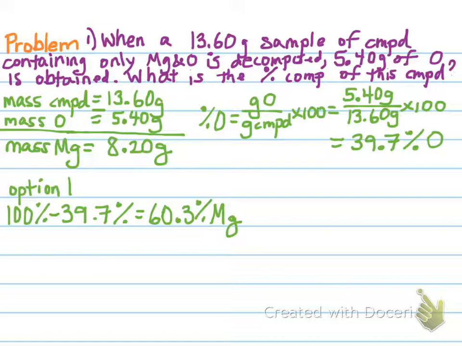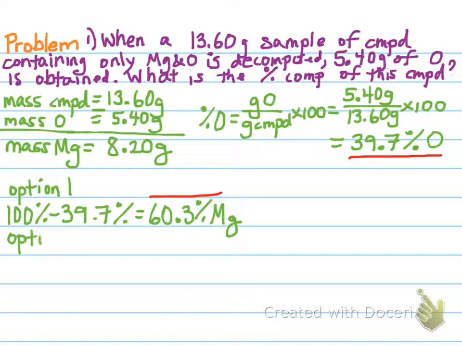Now, the problem with this is, if this answer here is wrong, then this answer here is going to be wrong as well. So I really would caution you away from doing that, but it's your call.